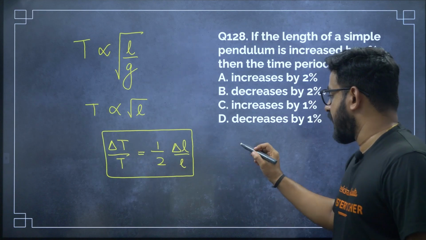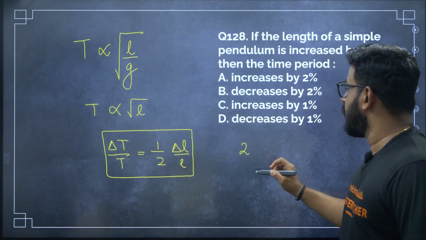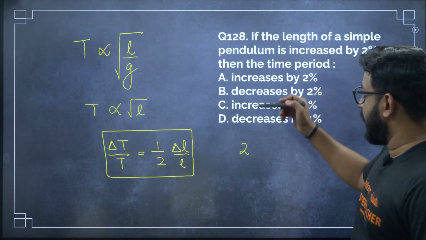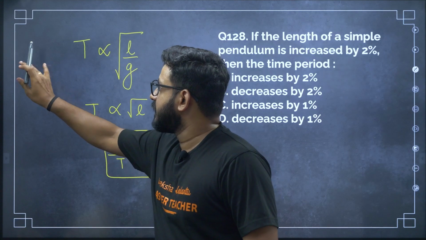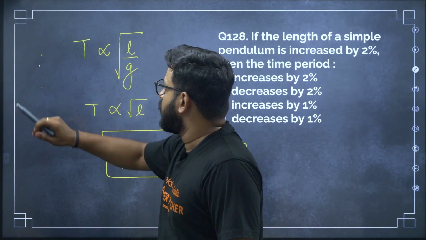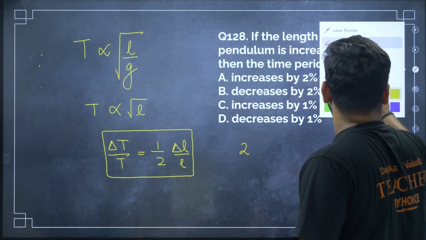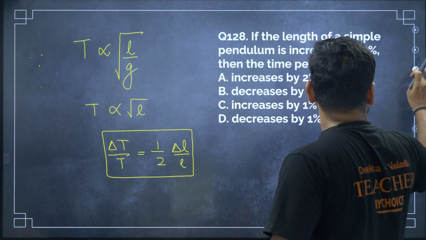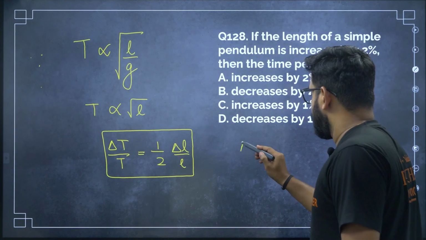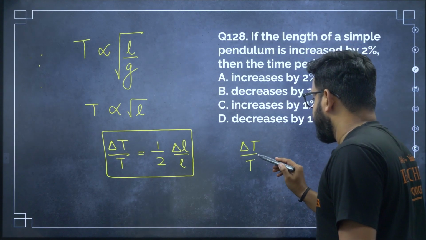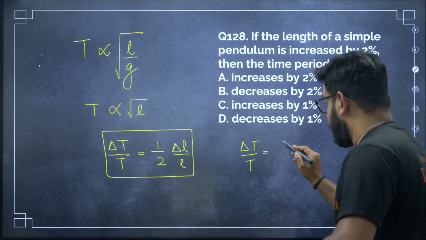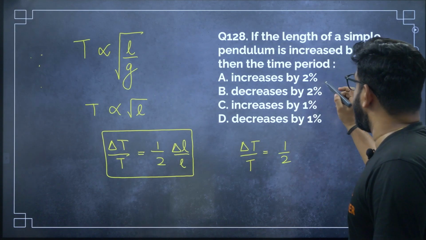The rate of change of length is 2%, my mistake. So delta T by T is equal to 1 by 2 into delta L by L, which is 2%.